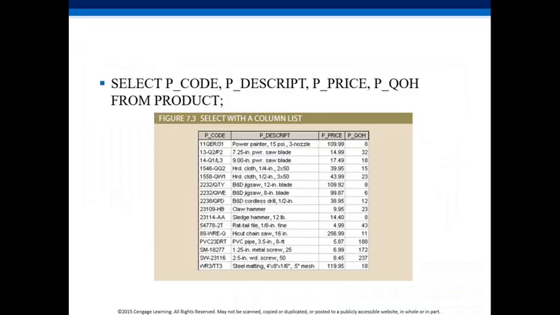In this case, instead of selecting all the columns, we only specify the P code, P description, the P price, the product price, and the product quantity from the product.